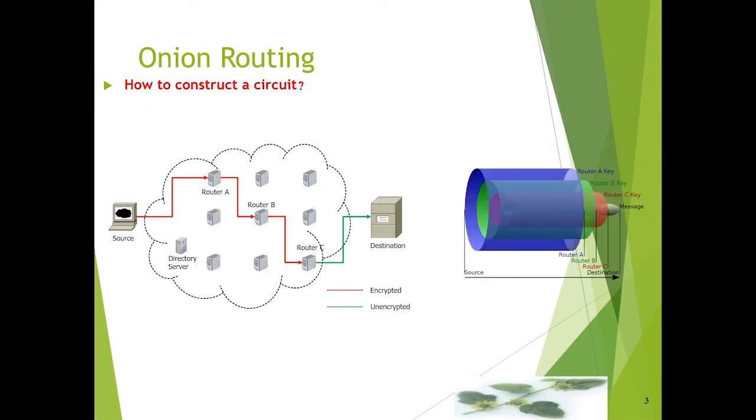A user's onion proxy constructs a circuit incrementally, negotiating a symmetric key with each OR on the circuit, one hop at a time.